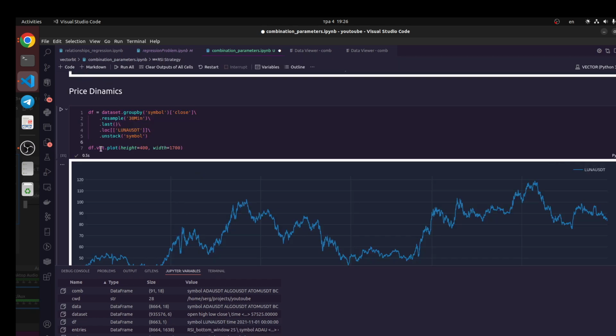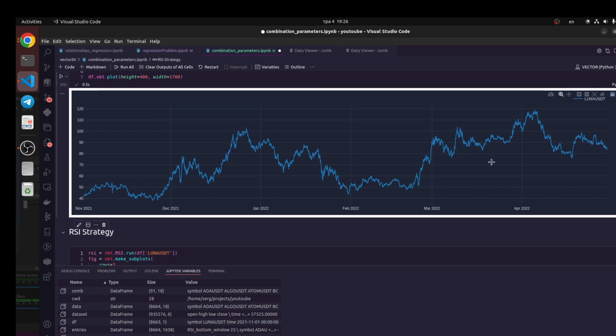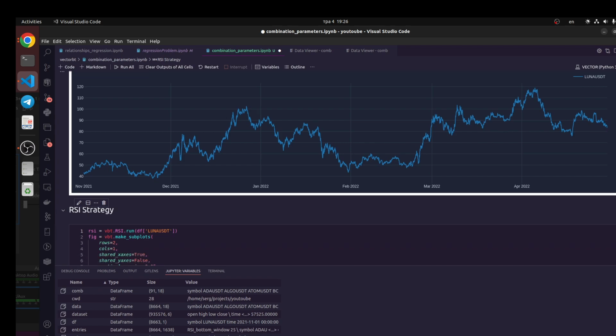Also, we are going to use the vbt accessor from this pandas data frame, and in this object we have this plot, and we indicate how it's looking, and you see we have some uptrend, and this is why it's working, because we have uptrend and our strategy is working.